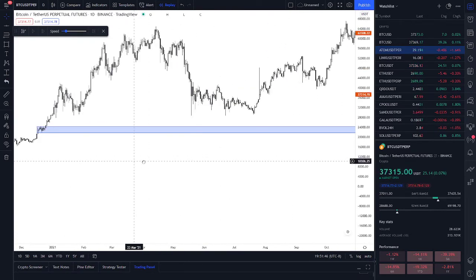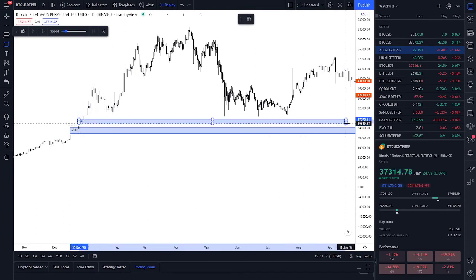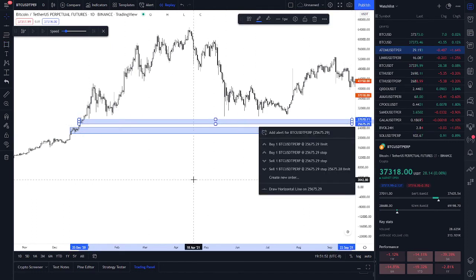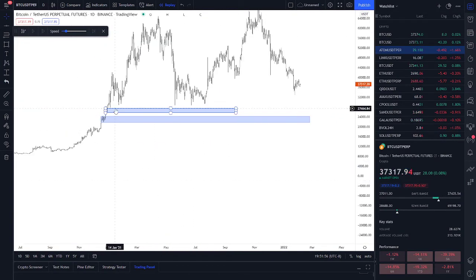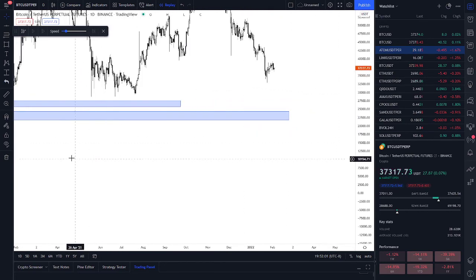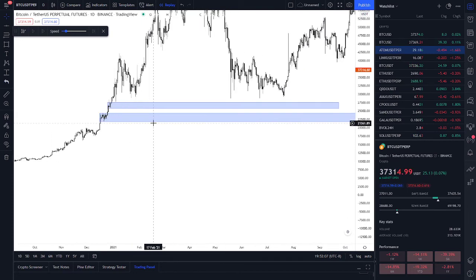We also have a brief small one there. Hasn't been filled. That's 28K. This is more prominent. There's more consolidation.